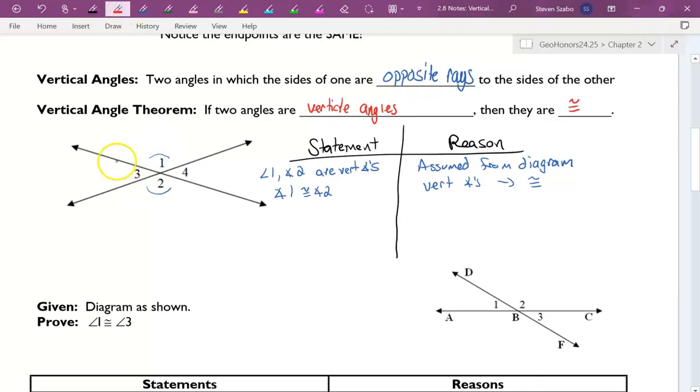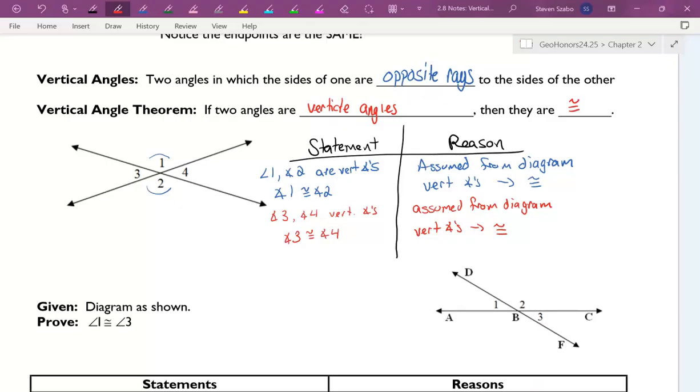Keep in mind that that's not the only set of vertical angles here. Angle 3 and angle 4 are also vertical angles. Therefore, angle 3 is also congruent to angle 4.